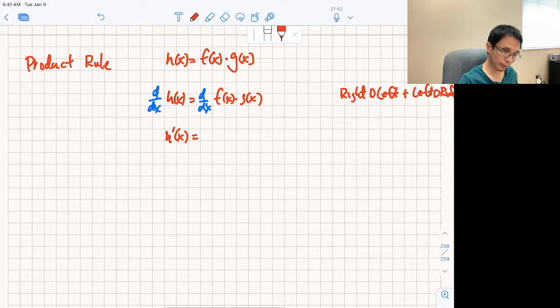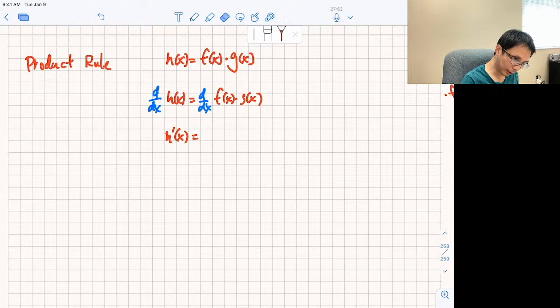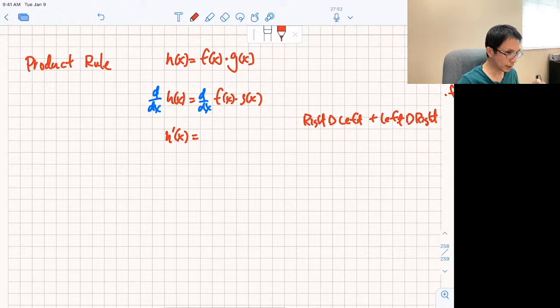Let me erase that. It is right d left plus left d right. The order doesn't matter, because they are addition.